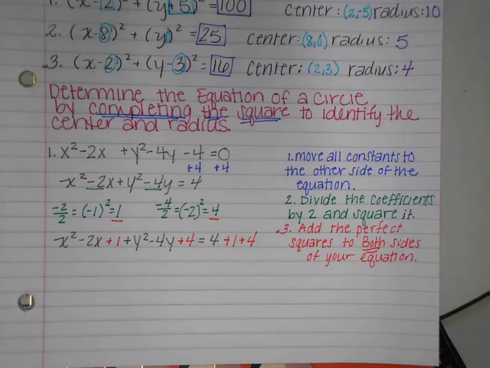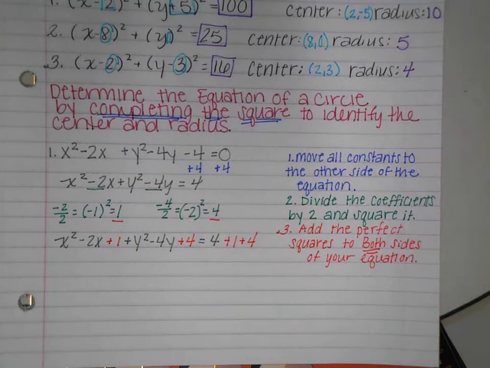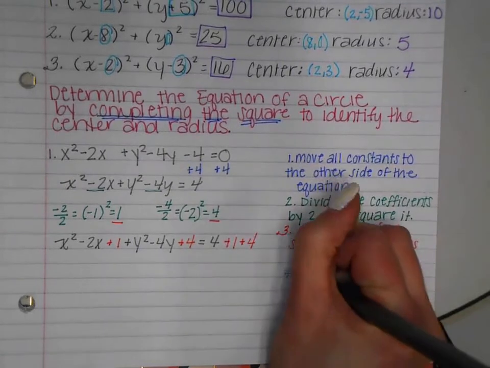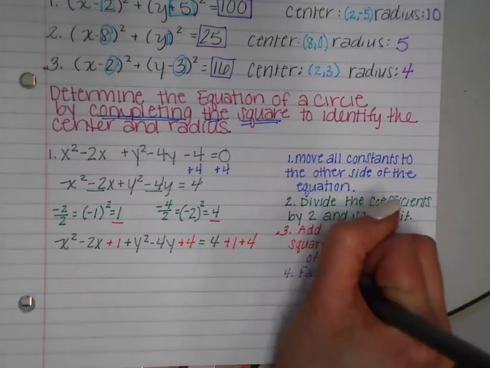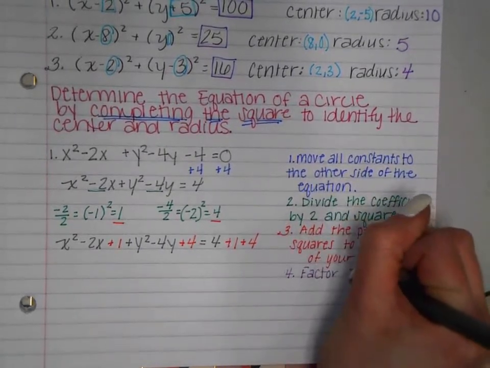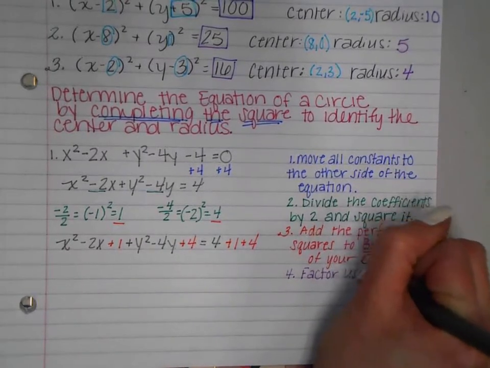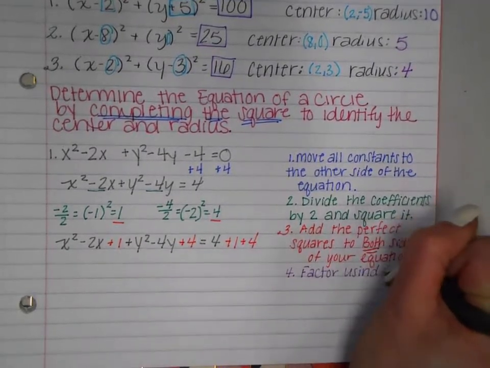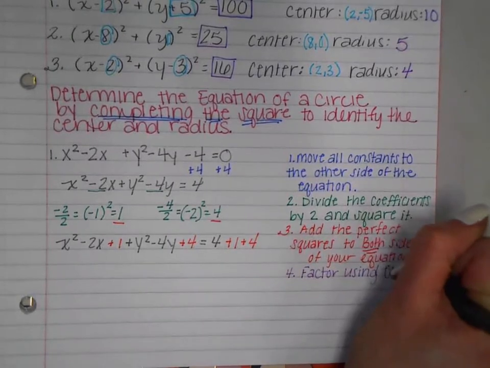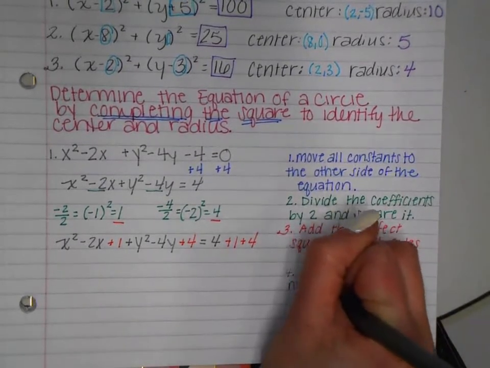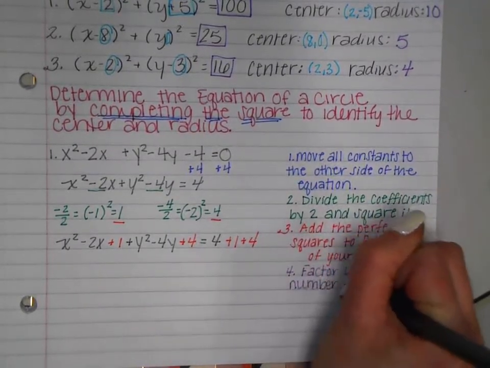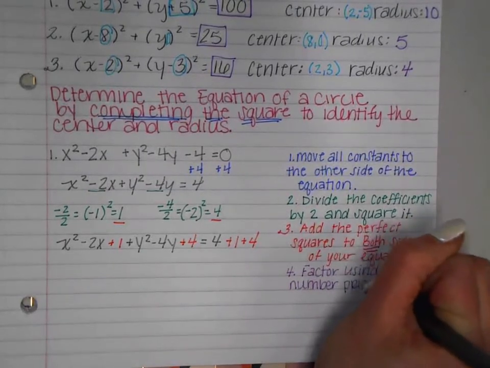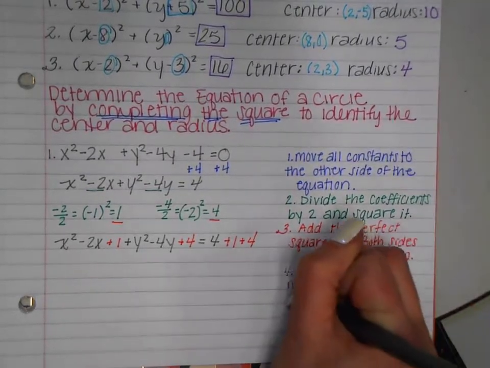And last step, 4, factor using the number prior to squaring.